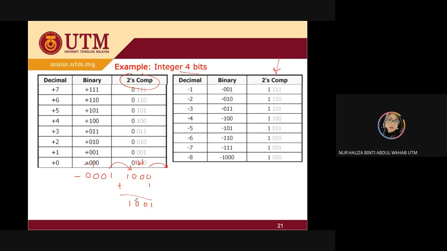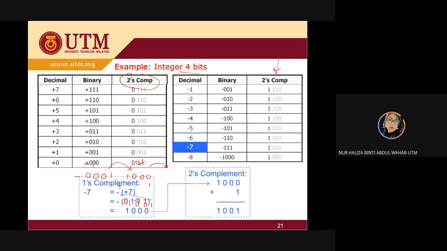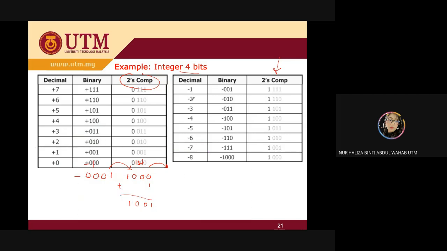Negative, first complement. I think this one is wrong. Supposedly you will get this as your second complement. Later I check, okay? For 2, you can see you have negative 0, 0, 1, 0.